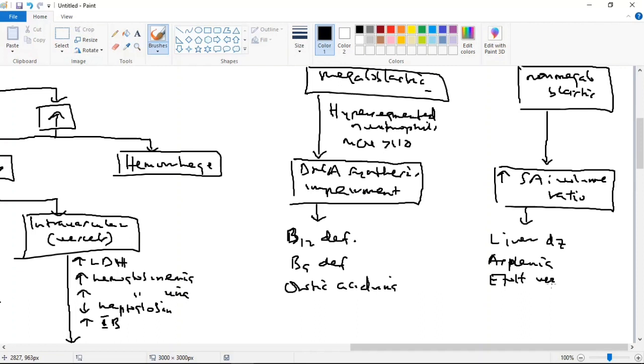So those we should know. Those are definitely high yield, commonly tested. There's a congenital disorder called orotic aciduria.